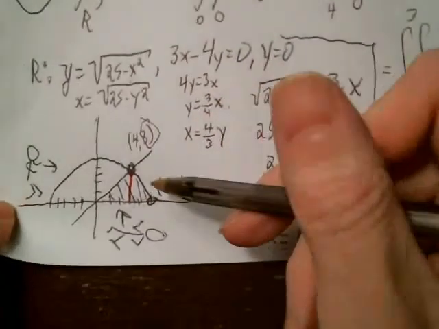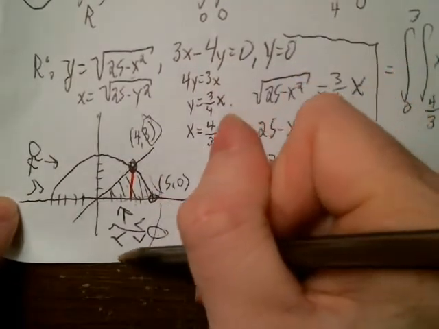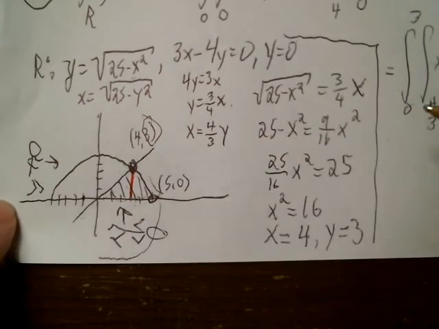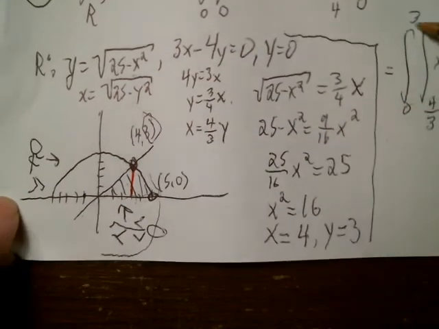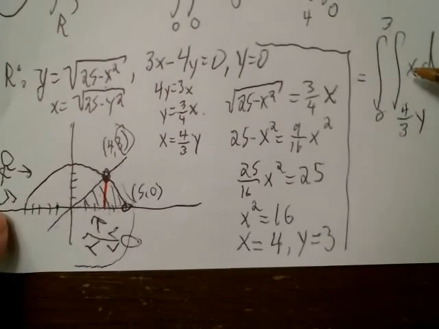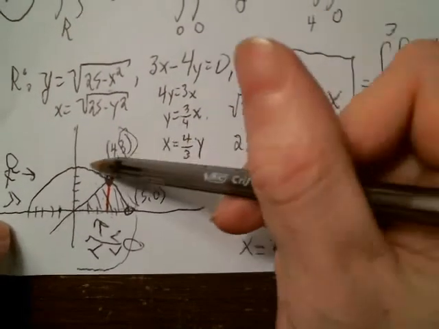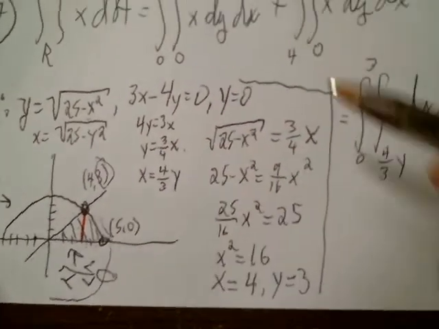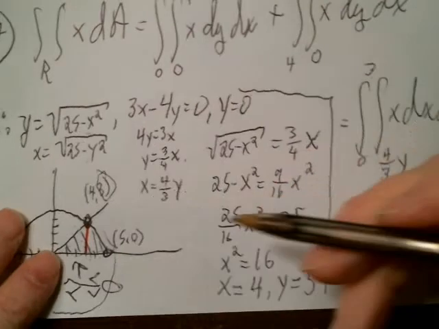And of course, that hemisphere is the hemisphere that goes like that. But we only want to go from here to here, and the Riemann man is taking care of that problem. So I just need the equation for the top curve in this little region here, basically. And I found that to be this guy.